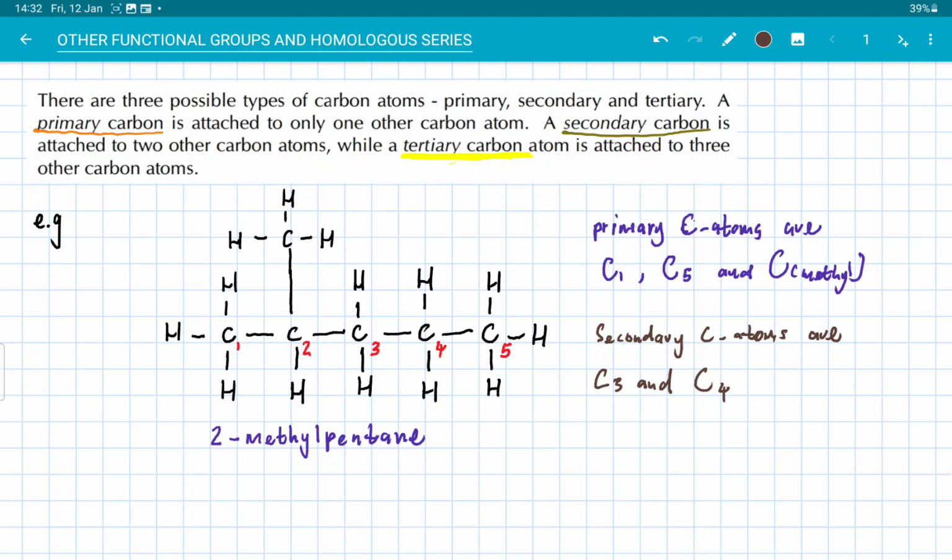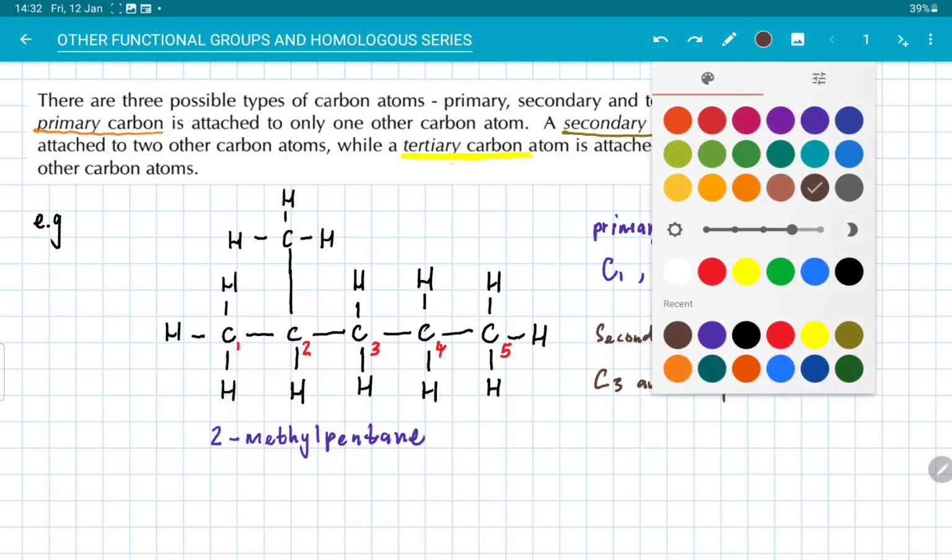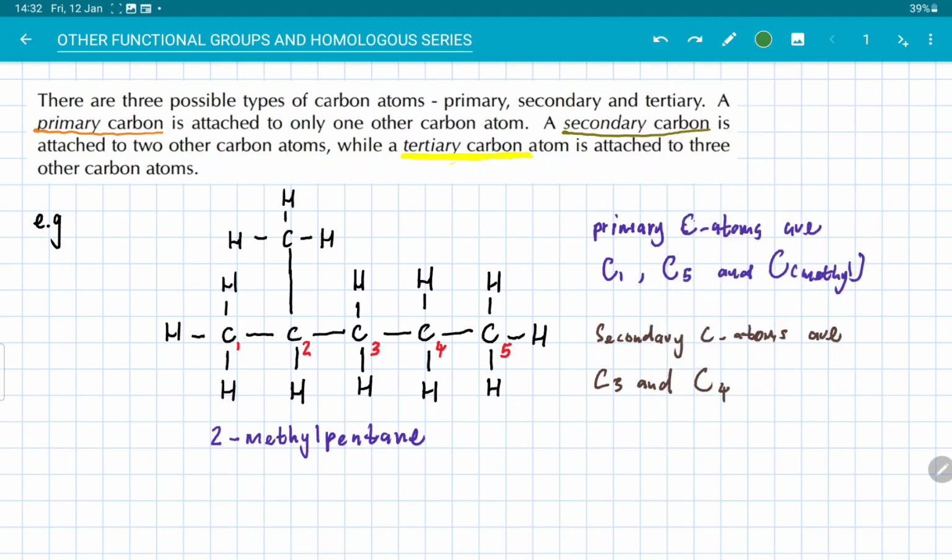And then we have a tertiary carbon atom. A tertiary carbon atom is attached to 3 other carbon atoms. So it is bonded to 3 other carbon atoms. If you look at the structure, C2 is the only tertiary carbon atom there. Why?